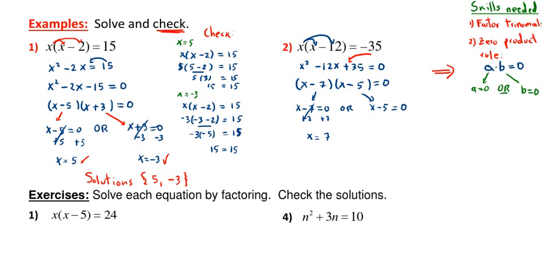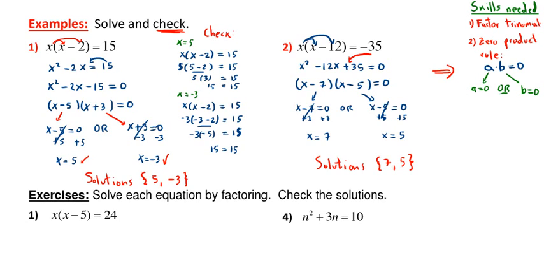On the second equation, I need to add 5 on both sides to solve for x. And that gives me x is equal to 5, because 0 plus 5 is equal to 5. So these would be the solutions here: 7 and 5.